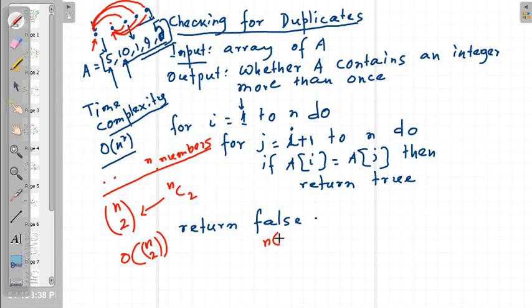It is n times (n minus 1) by 2. Okay. So the n square term is coming: n square minus n by 2. That means n square by 2 minus n by 2. So this could be our f(n).